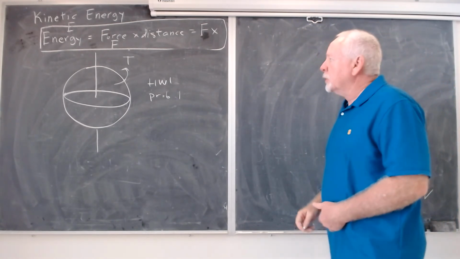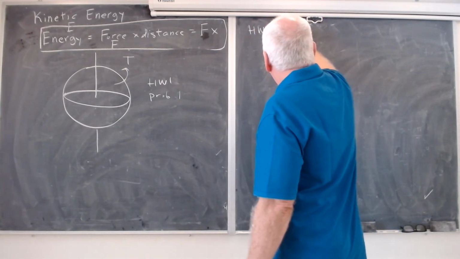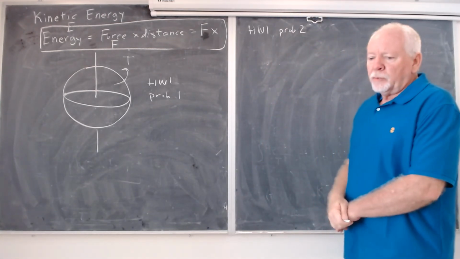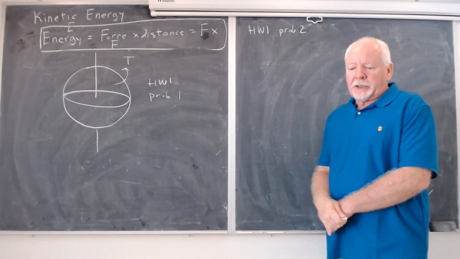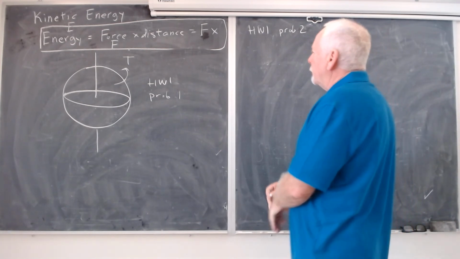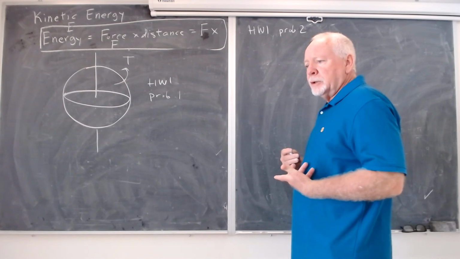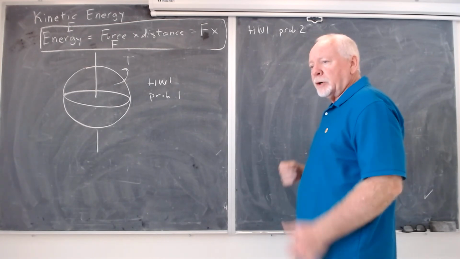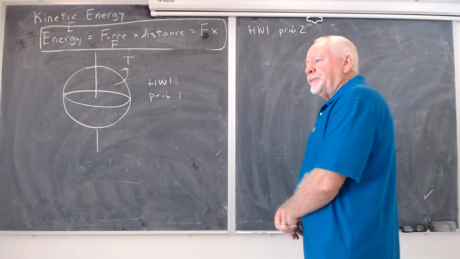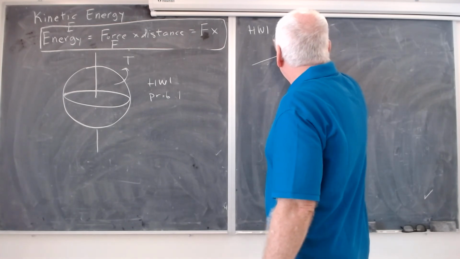The other part of the homework will not be specifically on kinetic energy, but it'll be on this concept that energy has to come from somewhere and go to somewhere, and I'm going to ask you to evaluate a person on a treadmill at an incline.